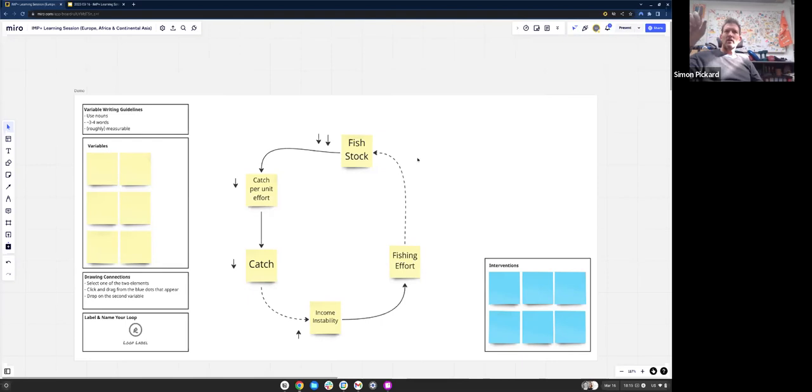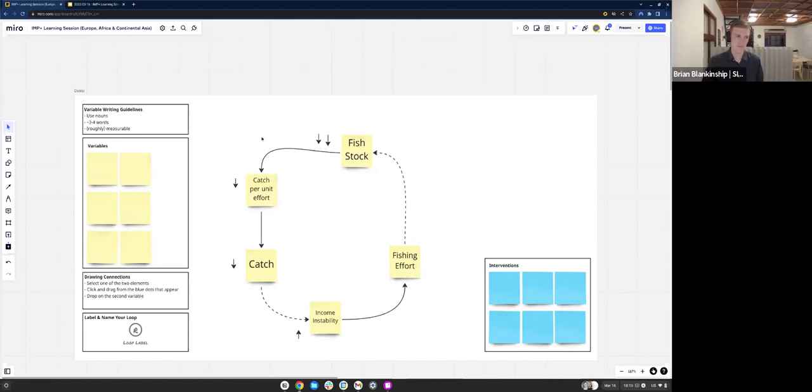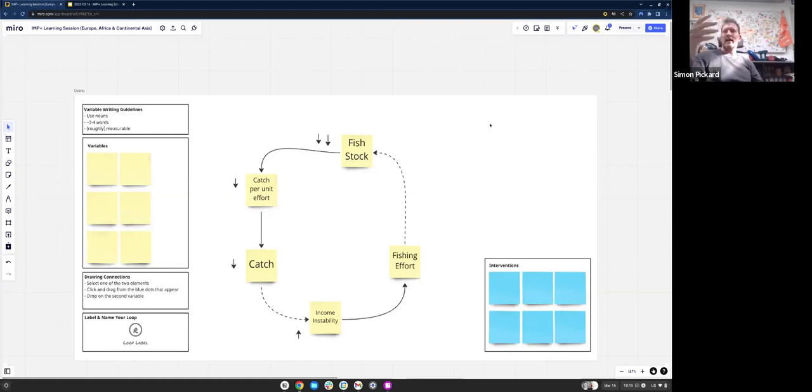As in, are you trying to essentially think where you can have an intervention onto, let's say, fishing effort or catch or whatever it might be, to turn this into a different sort of loop? Or, as in, is that the process, or are they two separate things? And I know that's far too simplistic.